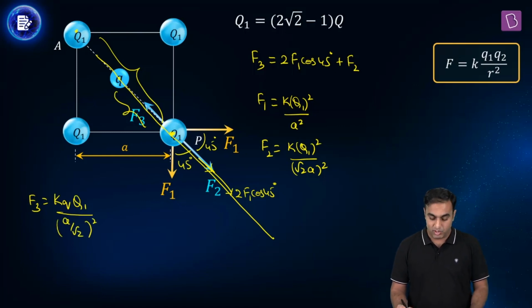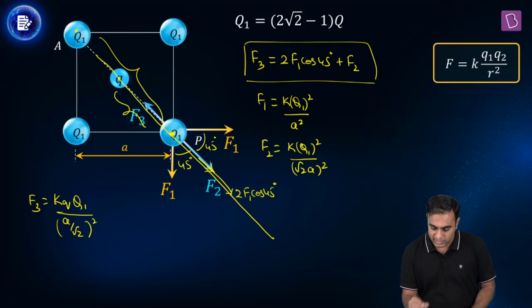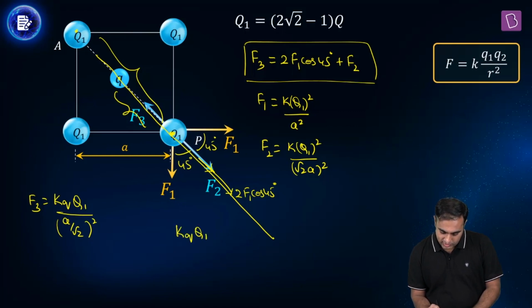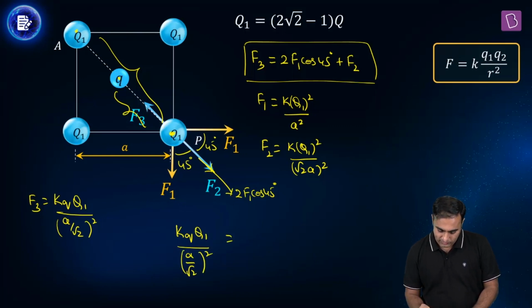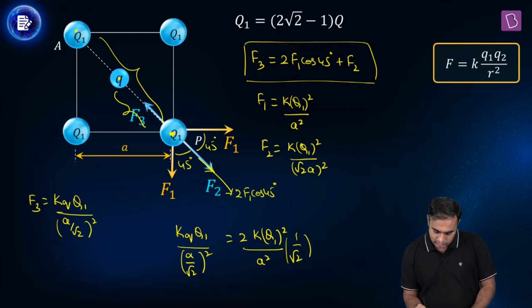Now, let's put all that in this equation. What will you get? You get K small q capital Q1 divided by A by root 2 whole square equals 2 times K Q1 whole square by A square into 1 by root 2 plus F2, which is K Q1 square by root 2 A whole square.